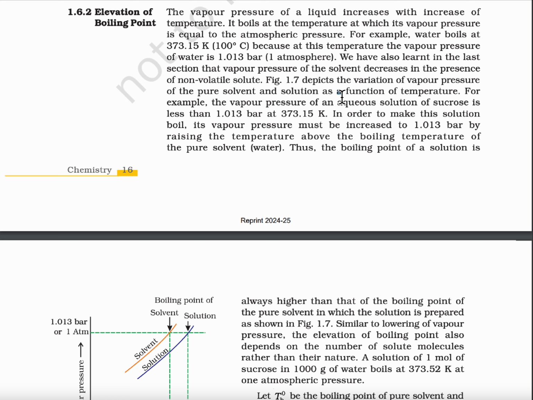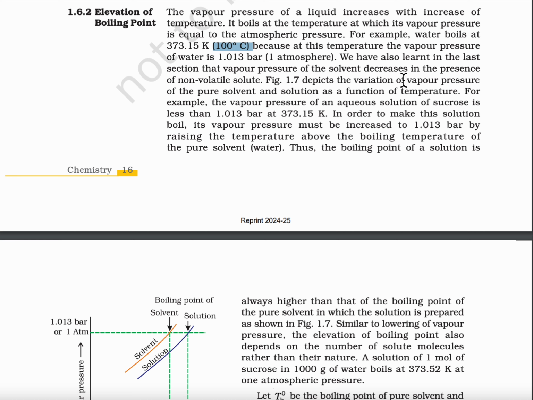Now water boils at 373.15 Kelvin. This is 100 degrees Celsius, because at 100 degrees Celsius its vapor pressure is equal to the atmospheric pressure, which is nothing but 1 atmosphere or 1.013 bar. Now we have also learned that the vapor pressure of the solvent decreases in the presence of non-volatile solute.